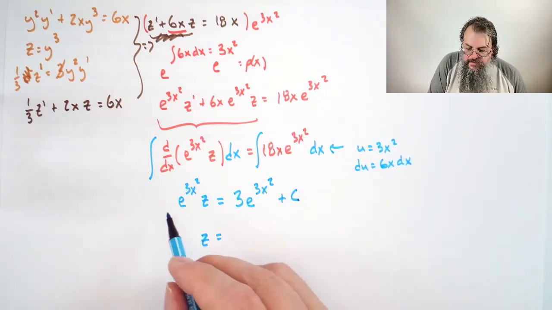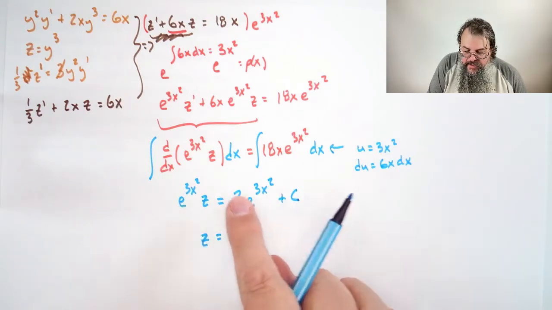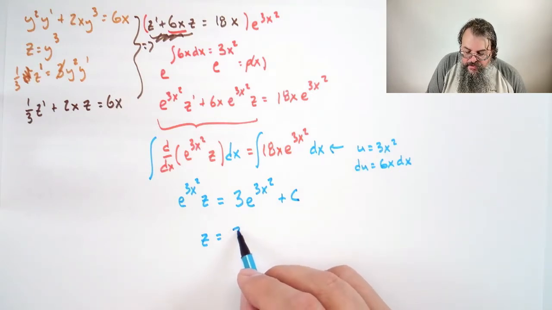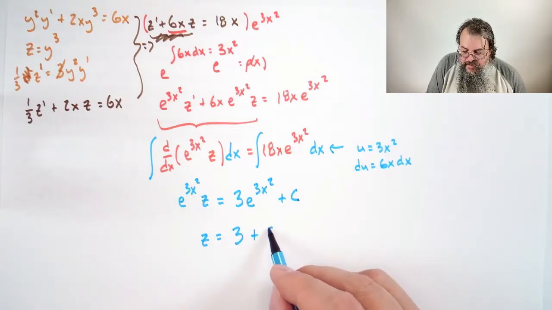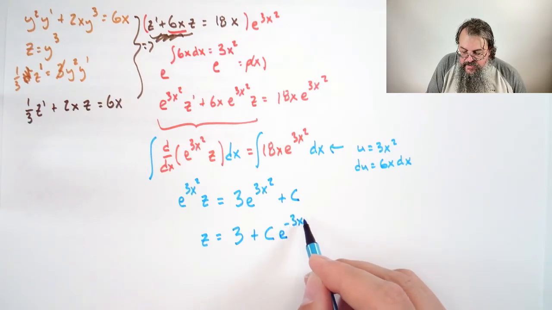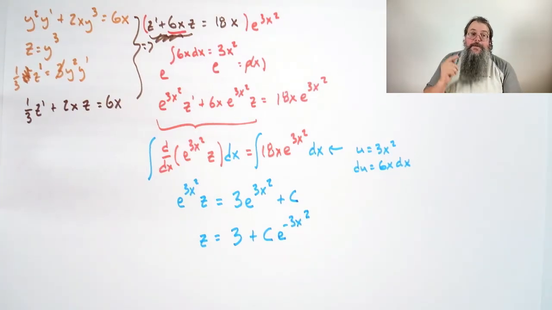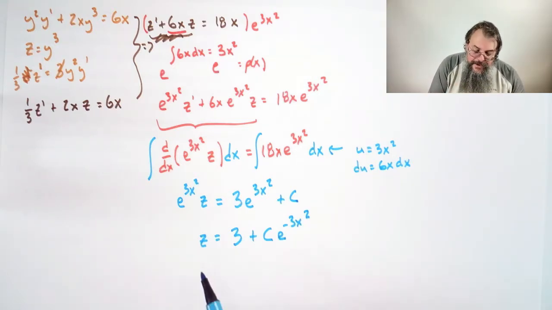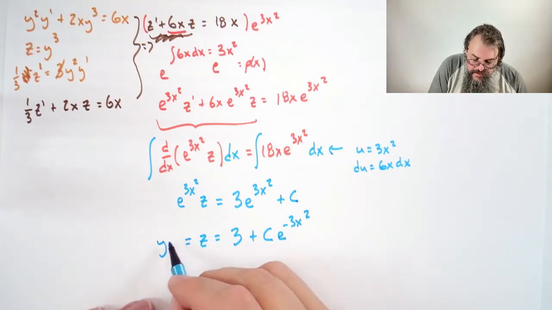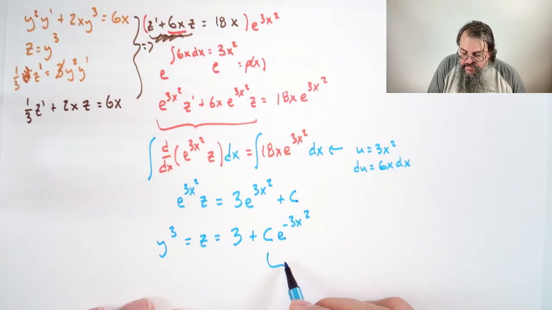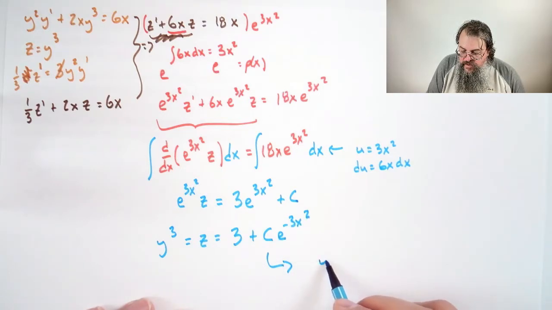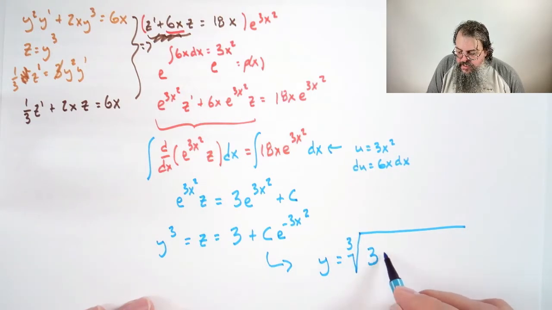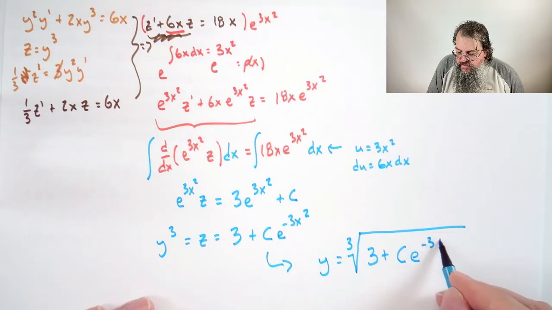So we get z is equal, divide through by e to the 3x squared, to 3 plus some constant e to the minus 3x squared. Now, remember, this is not y, this is z. So, to finish up, we say z is y cubed, and therefore, taking the cube root of both sides, y is equal to the cube root of 3 plus some constant e to the minus 3x squared.